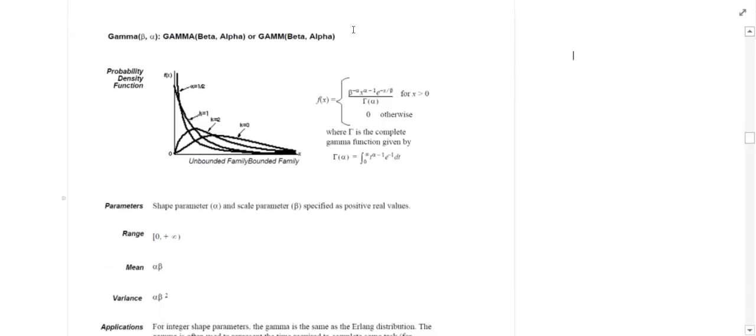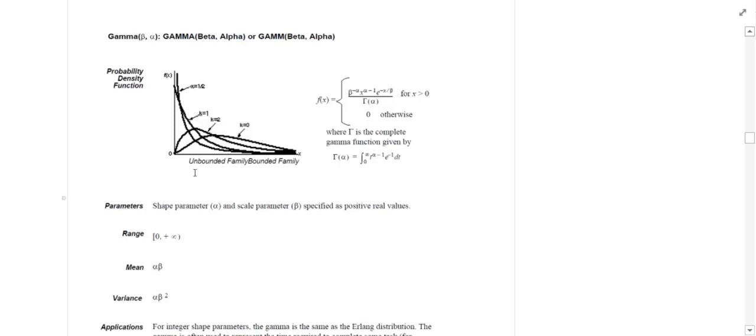Okay, the next distribution we'll talk about a little bit is gamma, which again we talked about a little bit with Erlang, right? Erlang is a special case of the gamma distribution. The parameters that you look at for this in Arena, and again this is how it's specified in the Arena nomenclature, gamma and then parentheses beta and alpha, beta being the scale parameter and alpha being a shape parameter, okay?